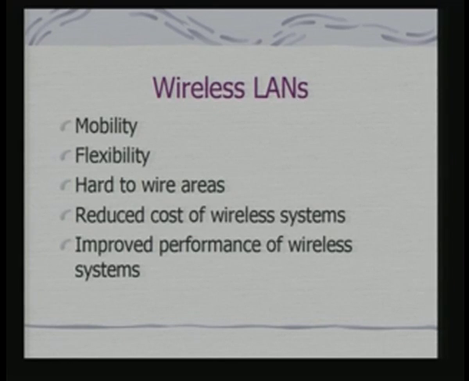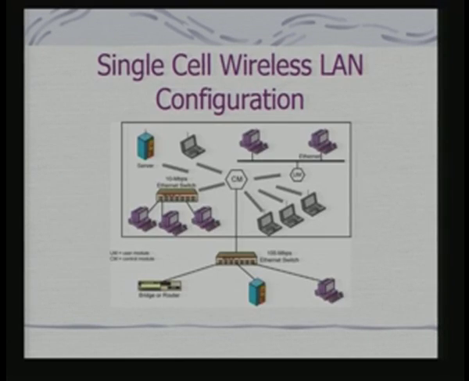So, this takes us to what is called wireless LANs. Wireless LANs obviously enable mobility and flexibility, and this is expected to be used where wiring is difficult to be done. Okay. The basic configuration we look at is a single cell wireless LAN. The basic idea is that you have Ethernet connectivity, this is your basic backbone, and this is your Ethernet switch, and you can have all these systems connected via wireless link.